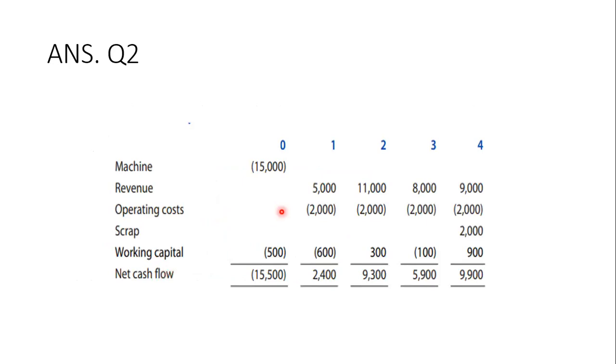So for year one, when you have started your operations, you would need working capital of what? 10% of 5,000, which is 500 Ghana cedis. And remember, working capital has to come in even before the start of year one. So the timing of the cash flow is in year zero.